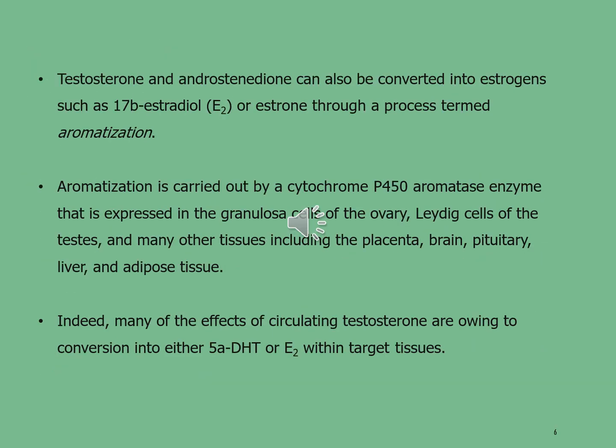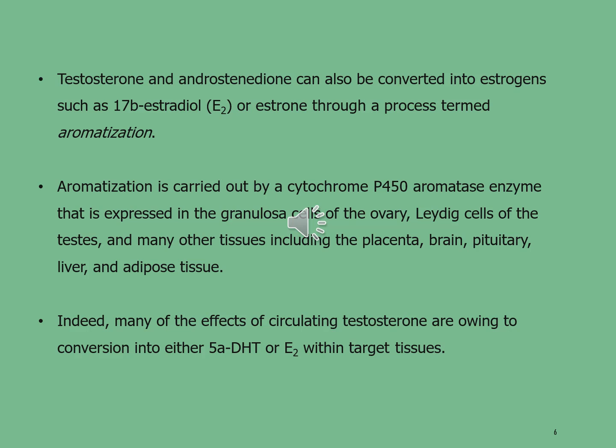Testosterone and androstenedione can also be converted into estrogens, such as 17-beta estradiol, that is E2, or estrone, through a process termed aromatization.